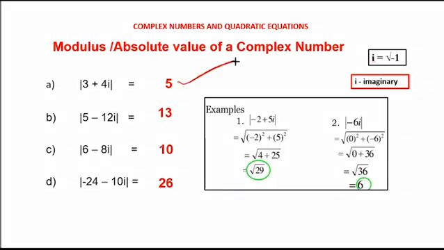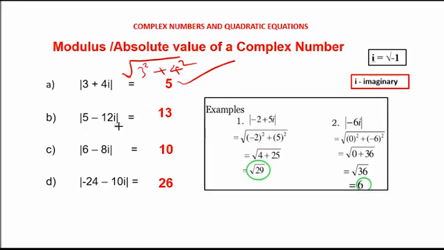Now, what is the modulus of 3 plus 4i? Verbally you can give the answer. That is the square root of 3 square plus 4 square. So 3 square is 9 plus 16, which gives square root of 25, that is equal to 5.